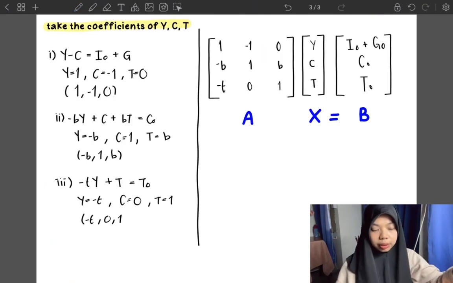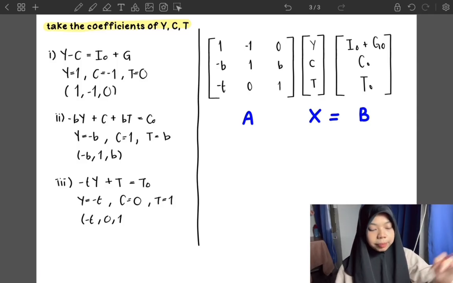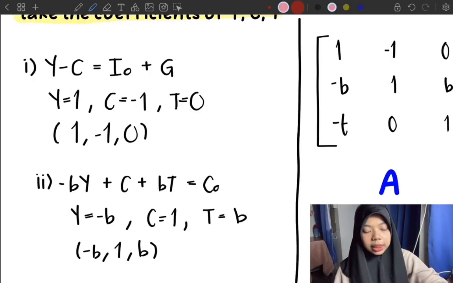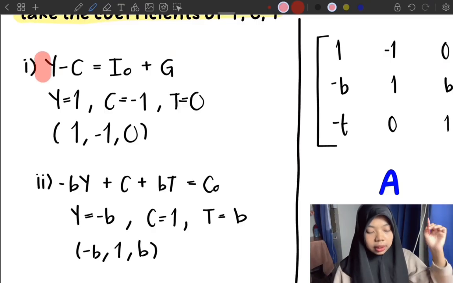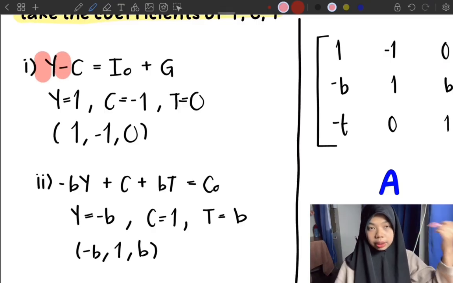Next, what we need to do is to take the coefficient of y, c, and t from each equation. For the first equation, we have y equal to 1, c equal to negative 1, and t equal to 0 because we don't have t here.